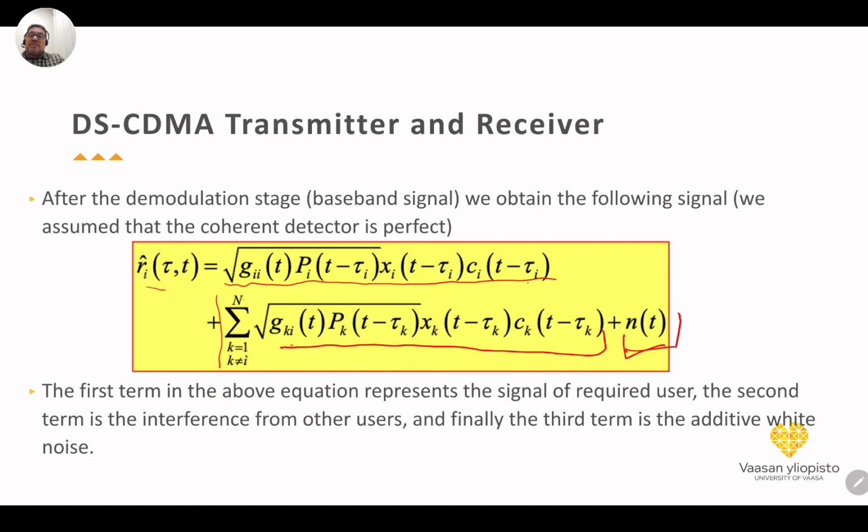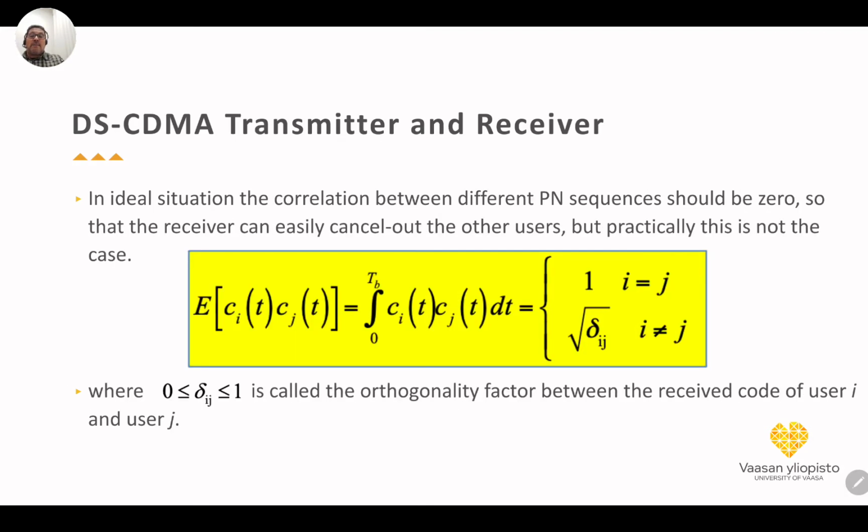Now this is the received signal after the demodulation, but before the despreading with its own code. In the spreading or despreading process, we assumed, as I mentioned before, that the codes are almost orthogonal.